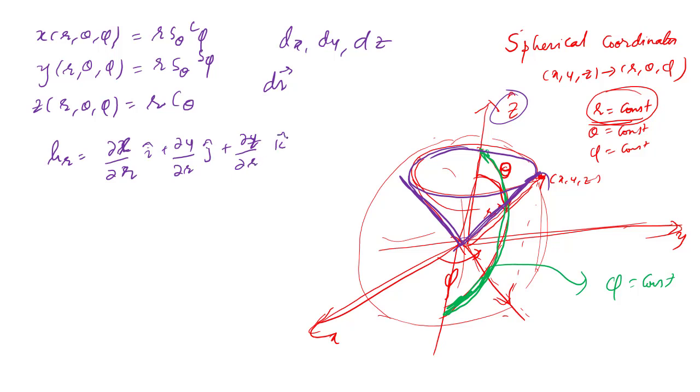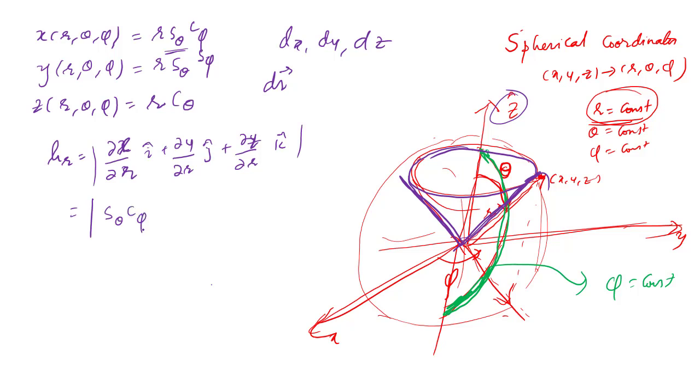Because we have seen in the case of two dimensions, when we did x equal to r cosine theta, we could see that if you combined the dou r terms, that would give you this h_r. So you can calculate what that is. Dou x by dou r is essentially sine theta cosine phi.